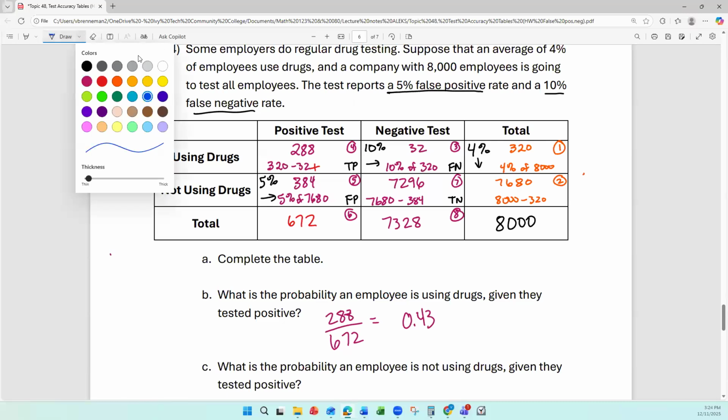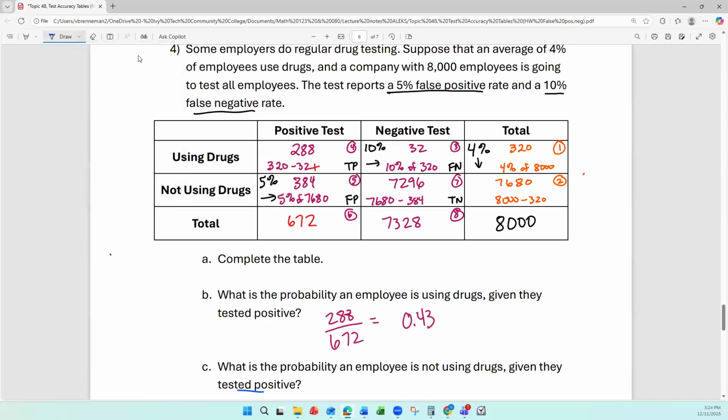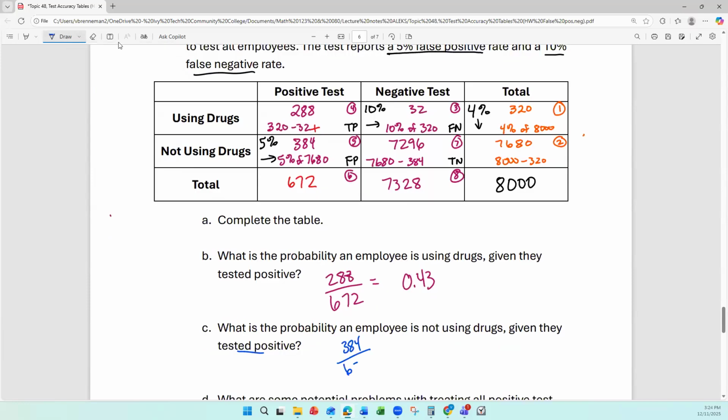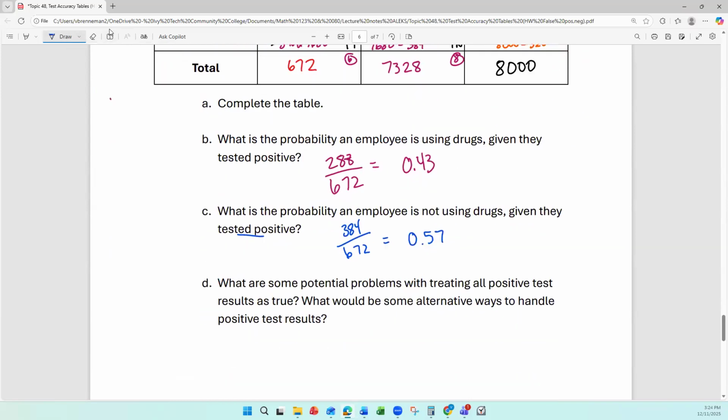Still, given they tested positive, out of those positive tests, 384 were not using drugs, and so that's going to be 0.57. So again, if you treat all positive test results as true, then you're hurting those 384 people, because you don't know which is which. So you want to give some benefit of the doubt.